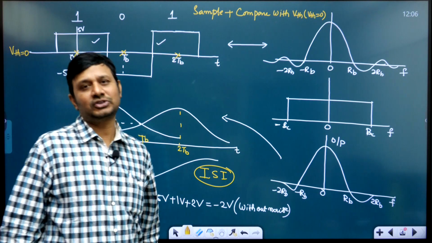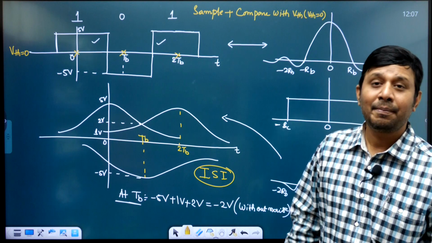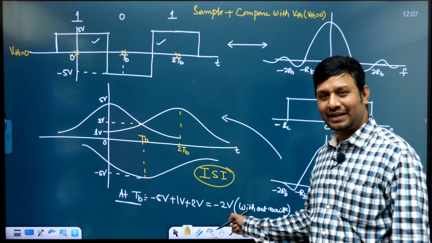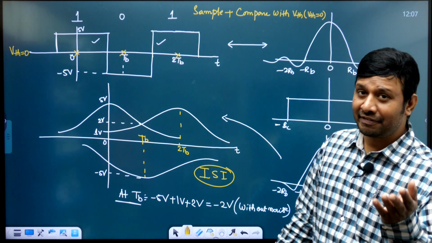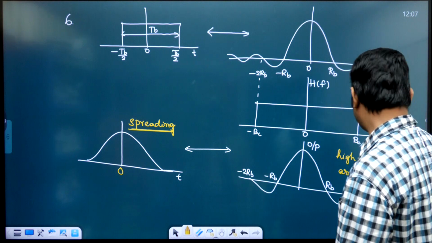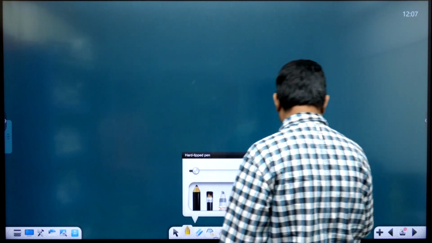And one more point I can say: because of intersymbol interference, the probability of error increases, because errors are coming. So let us write those points, the 7th point and the 8th point.